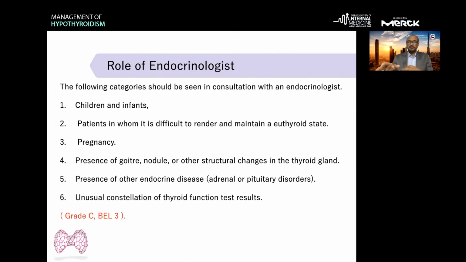Patients with diabetes sometimes might have hypothyroidism. So if they have an associated endocrine problem, then probably we can refer to endocrinologists to deal with them. And if the patient has abnormal thyroid function that is difficult to interpret, we'll go through some abnormal thyroid function tests as we go with the presentation.